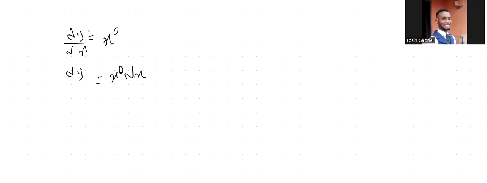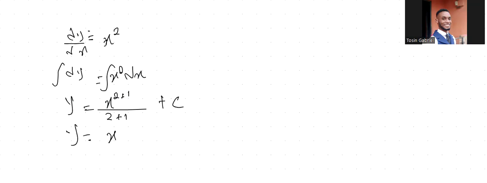Then you integrate. If you integrate dy, it's going to be y. And if you integrate x squared, it's going to be x to the power of 2 plus 1 over 2 plus 1. I know you are familiar with it, then plus c. So y equals x raised to the power of 3 over 3 plus c. This is direct integration.